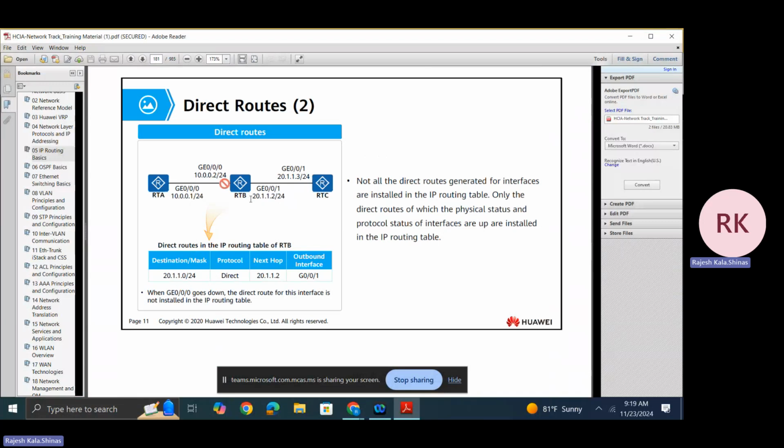Only active networks will be added. Here G0/0/1 is active. On one side I give 21.1.1.2, on the other 21.1.1.3, and /24 means the first three octets are the network, so this will not change: 21.1.1.0. This is the only network or route added in the table, because even though we have two networks on left and right, on one side the interface is down, so that route will not be added.